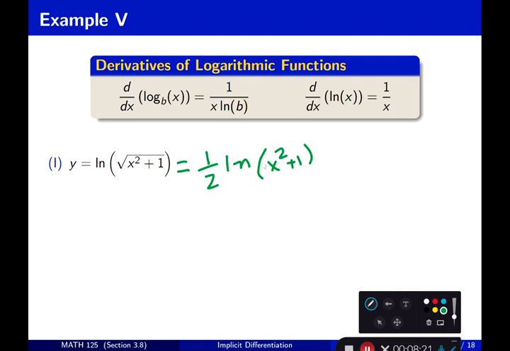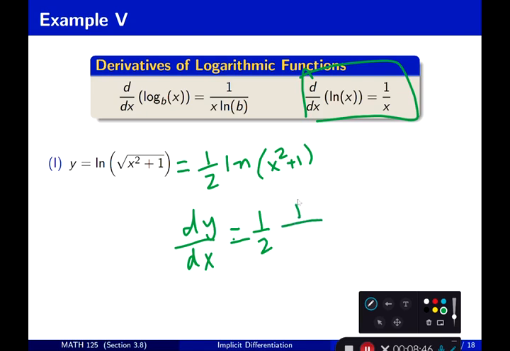At this point, you can't simplify anymore, so you have to go back to this formula and take the derivative. So the derivative of y is, again, the derivative of ln of u, with the 1/2 out here, which is 1 over u, then times the derivative of u, the inside, which is just 2x.